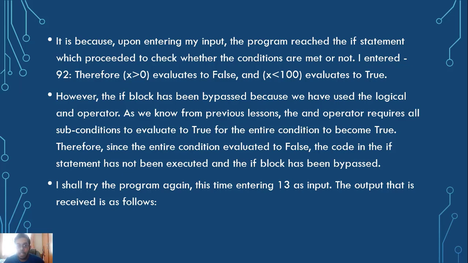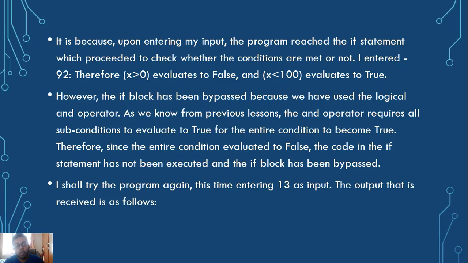However, the if block has been bypassed because we have used the logical AND operator. As we know from previous lessons, the AND operator requires all subconditions to evaluate to true for the entire condition to become true. Therefore, since the entire condition evaluated to false, the code in the if statement has not been executed and the if block has been bypassed.